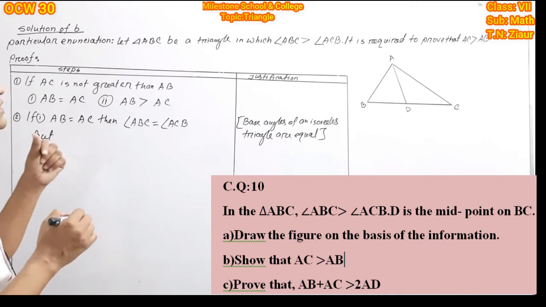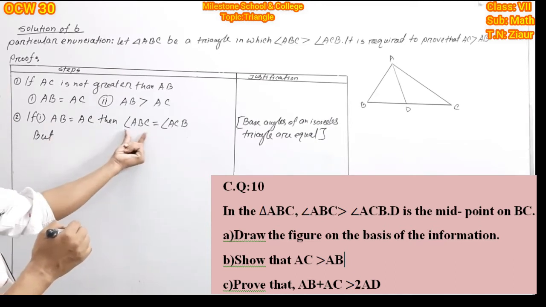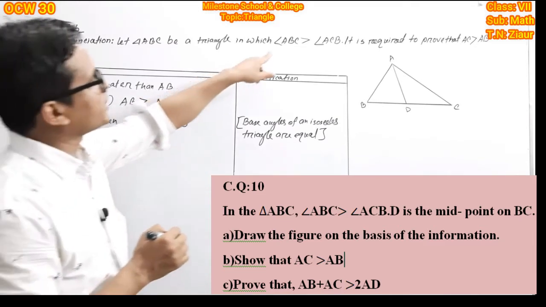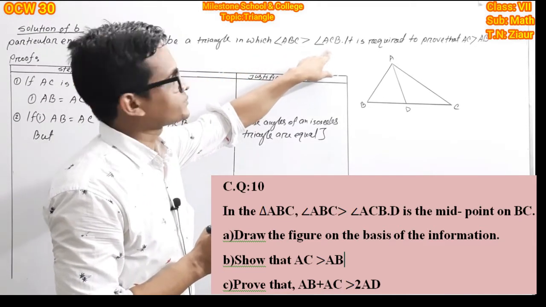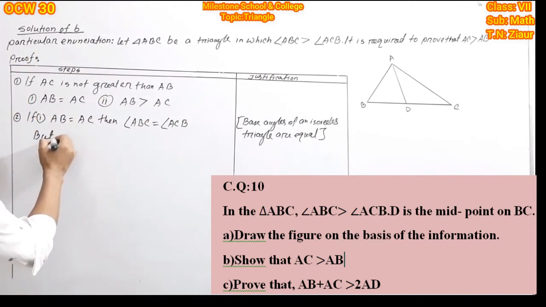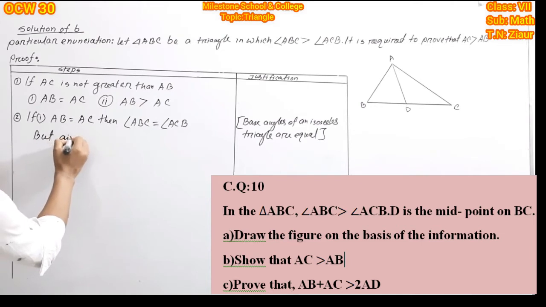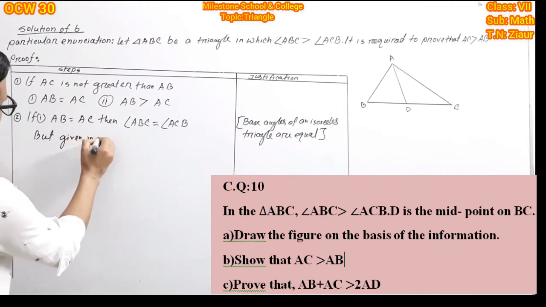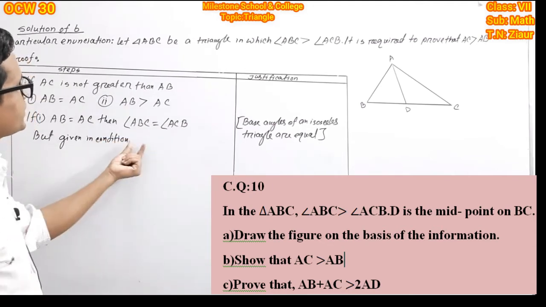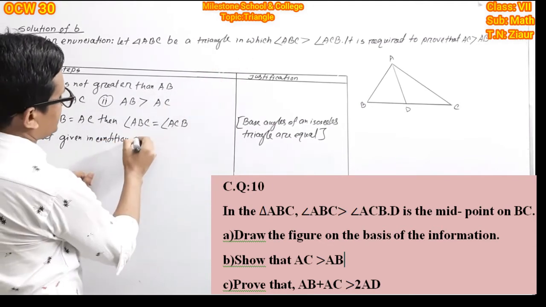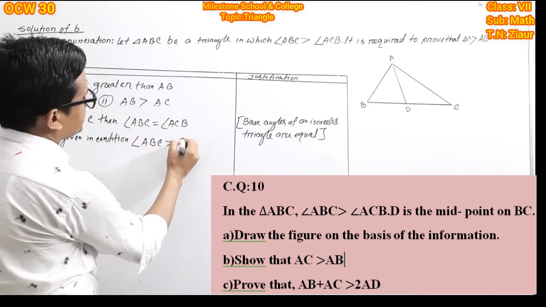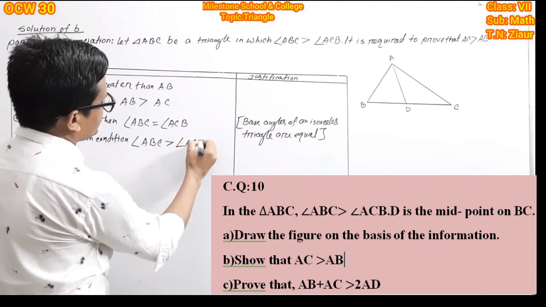The given condition here is that angle ABC is greater than angle ACB, right?